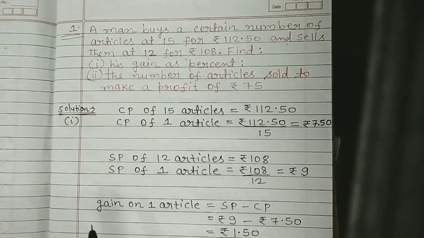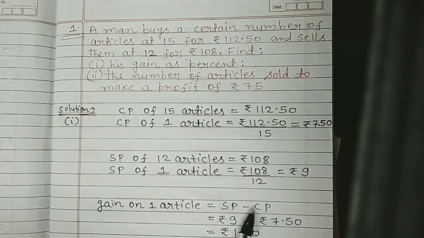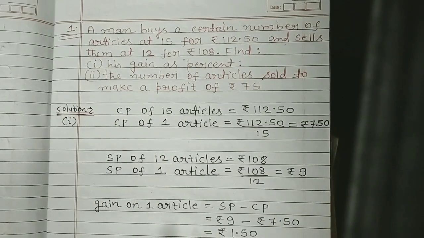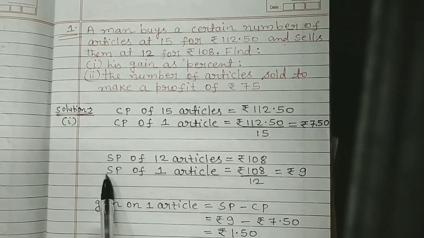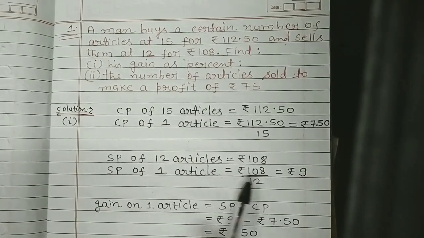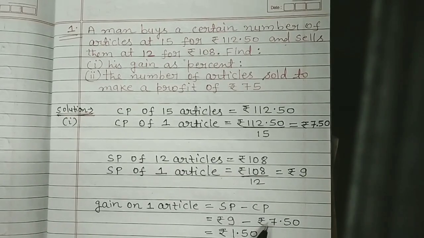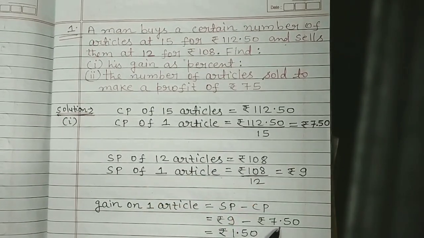Now gain on one article equal to SP minus CP. As we already know, the formula for profit or gain equal to SP minus CP. Here I have written rupees 9, the SP of one article, minus the CP of one article, that is rupees 7.50.